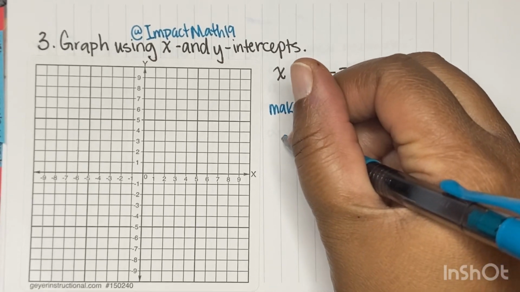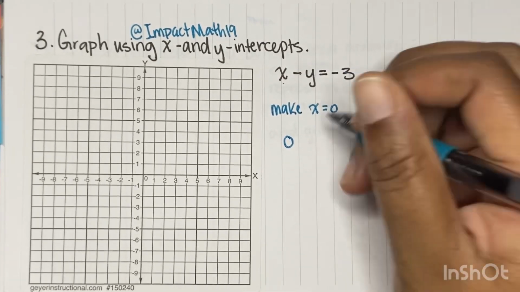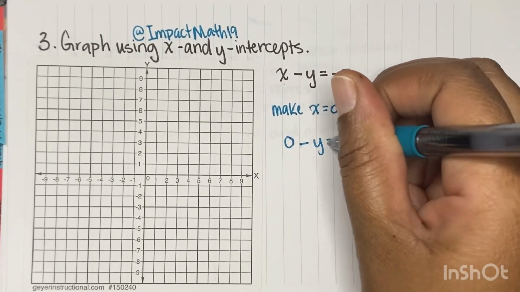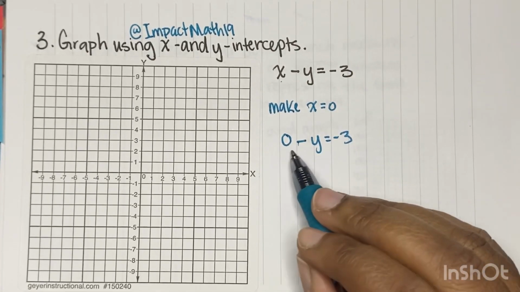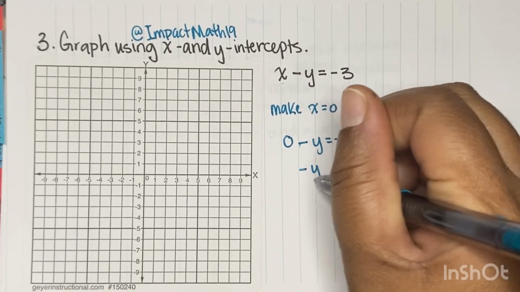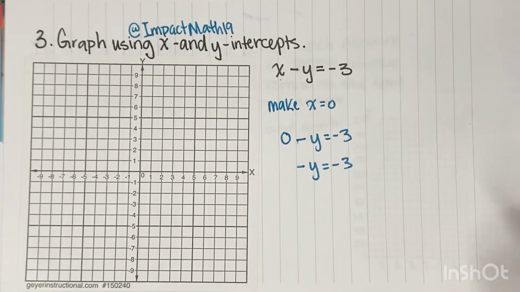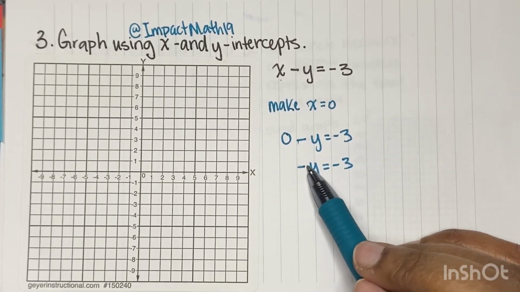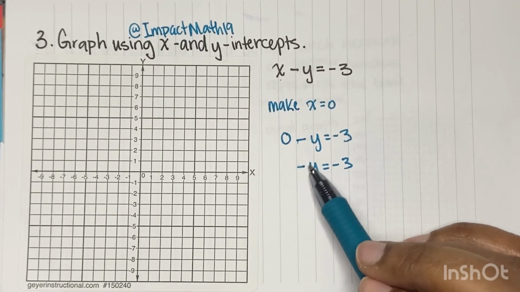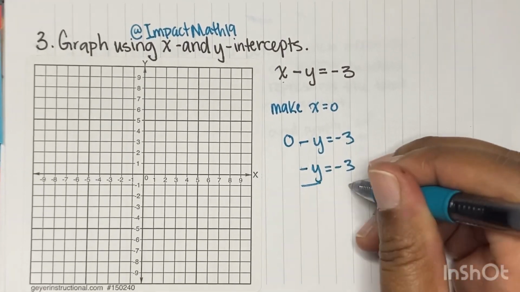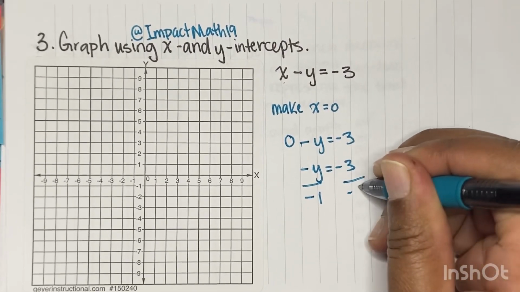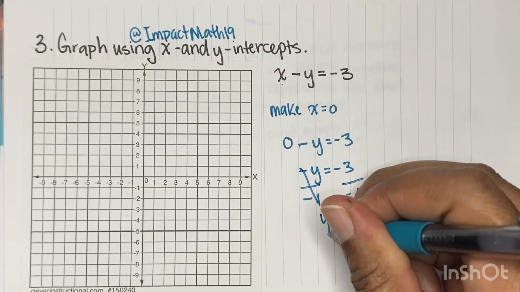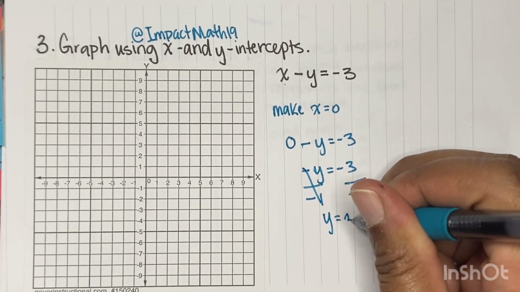So if I plug in 0 for the x, minus y equals negative 3. Well, 0 minus y is negative y equals negative 3. And remember, this is a negative 1 here. So if we want to undo this, we have to divide. So we're going to divide by negative 1, divide by negative 1, and we get y equals 3.